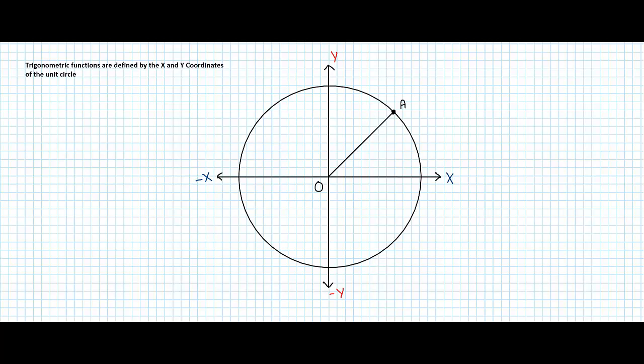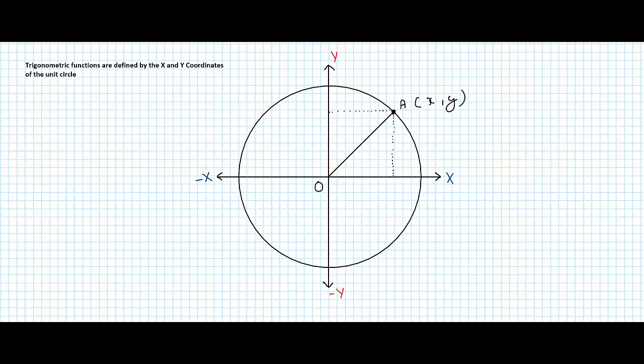Now the x and y coordinates of this point A are going to be the trigonometric ratios cos theta and sin theta respectively. And let me show you what I mean by that. Let me draw some imaginary lines from this point to the x-axis, which I've just done right now, and to the y-axis. Okay.